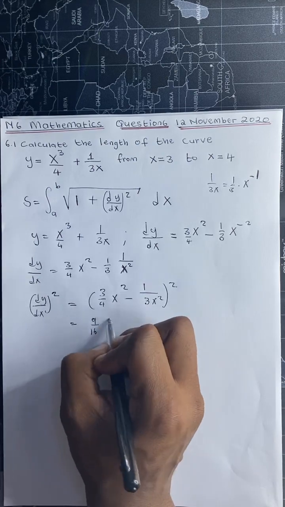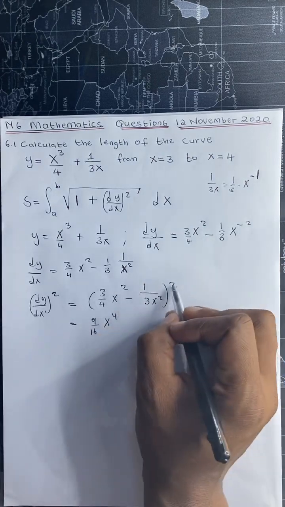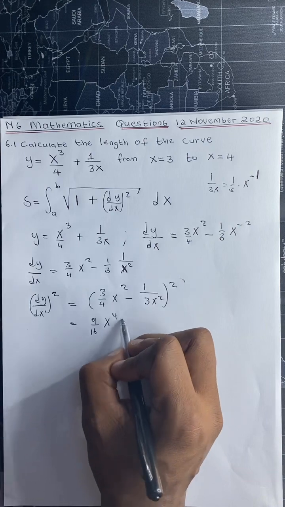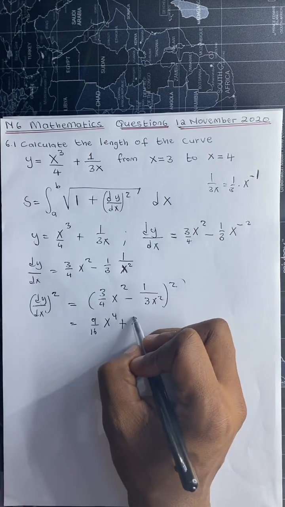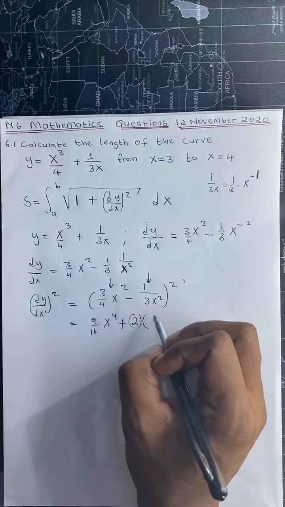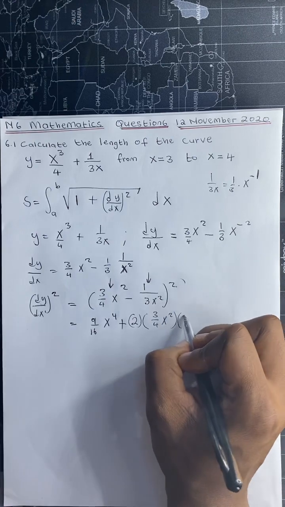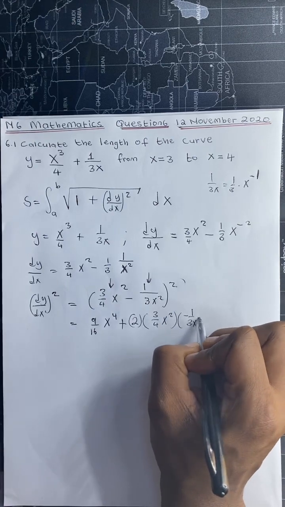The square of x squared will be x to the power 4. So we add the multiplication of 2 and that, including this sign: 3 over 4 x squared times minus 1 over 3 x squared.